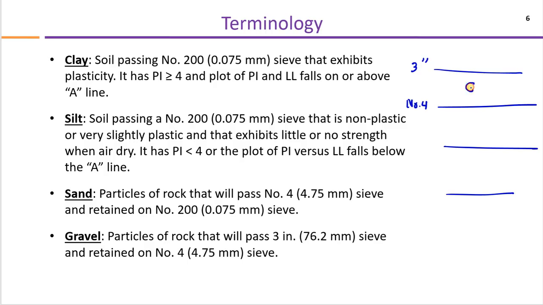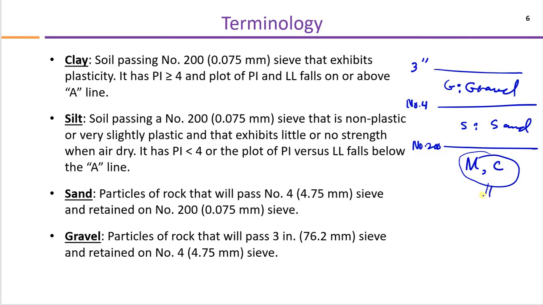That is called gravel, and the short symbol for this is G. And anything that passes the number 4 sieve and is retained on the number 200 sieve is called sand. And anything that passes through the number 200 sieve is called either silt or clay. Now silt and clay combined is called fines. So the general word for silt and clay is fines.